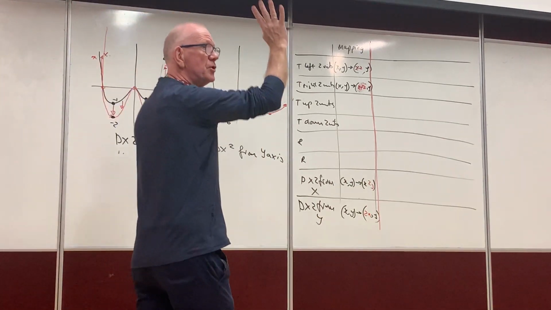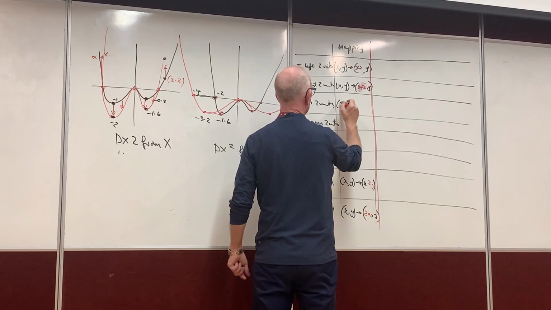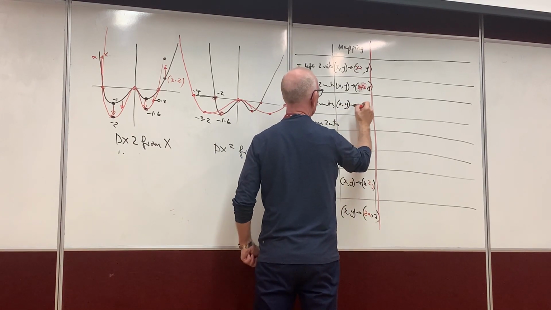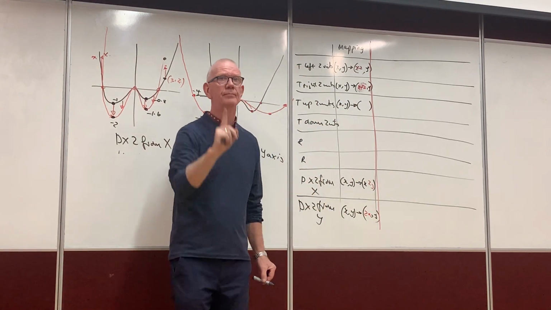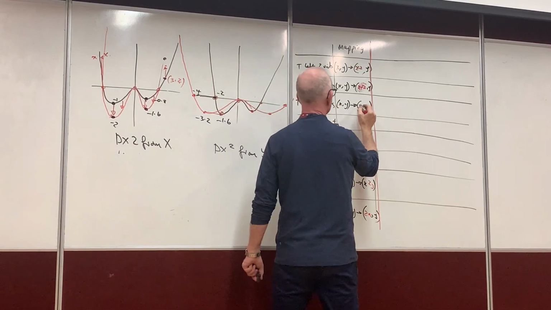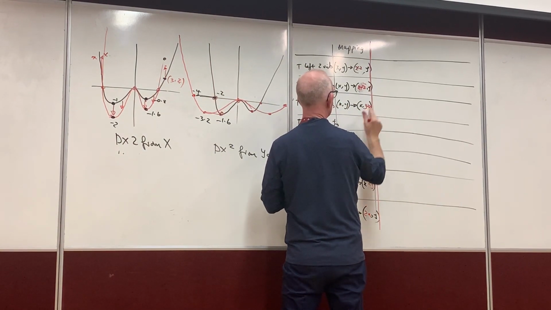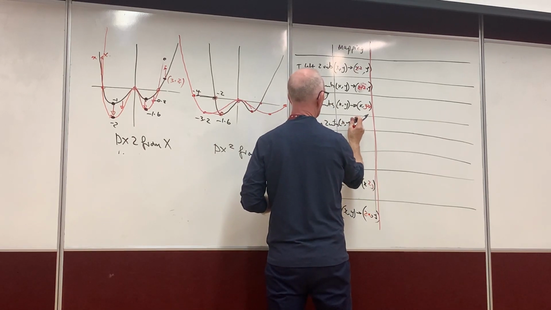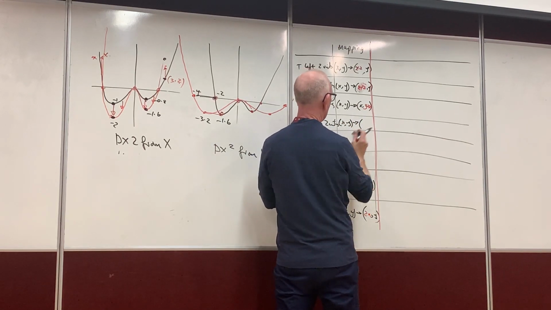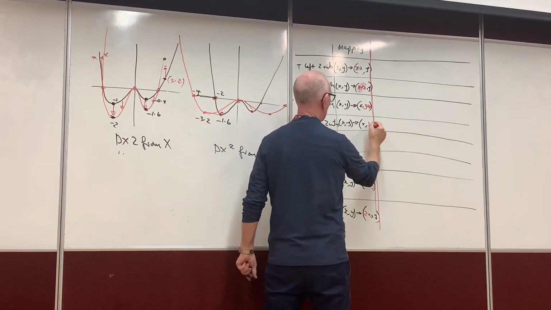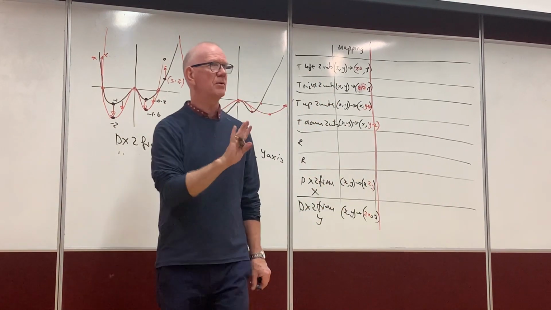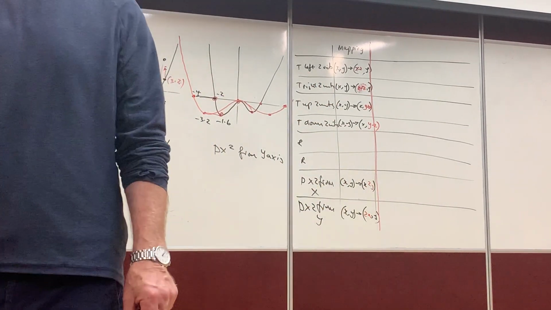What if I go up 2 units? X, y plus 2, and going down, x, y maps to x and y minus 2. Is that too messy or is that okay? Okay, that's the mapping notation.